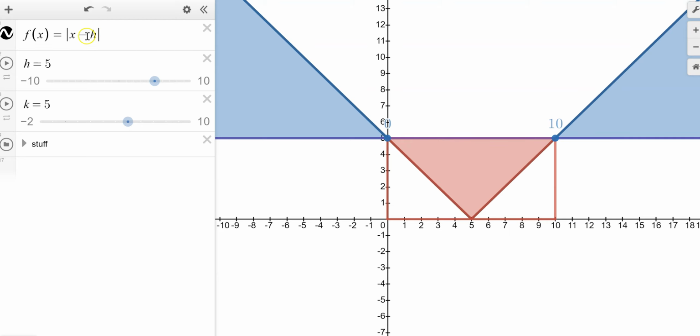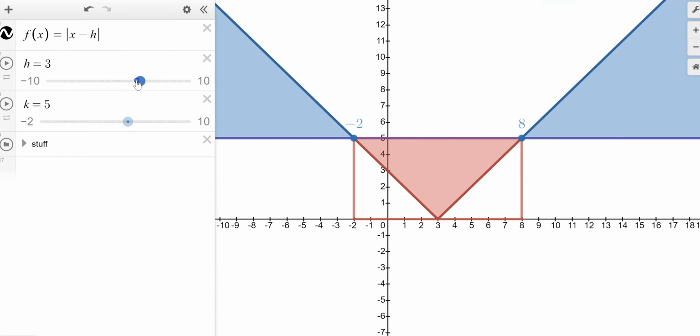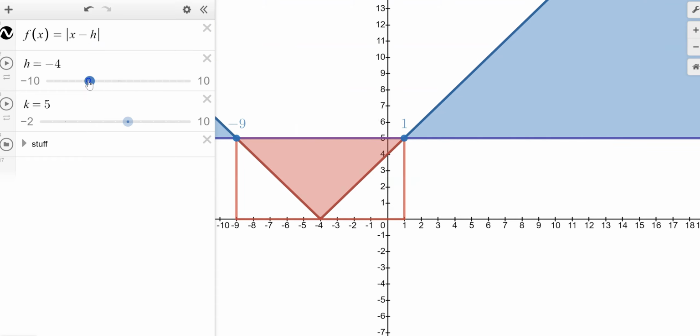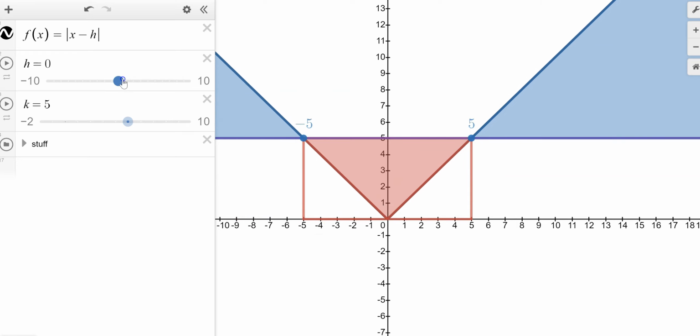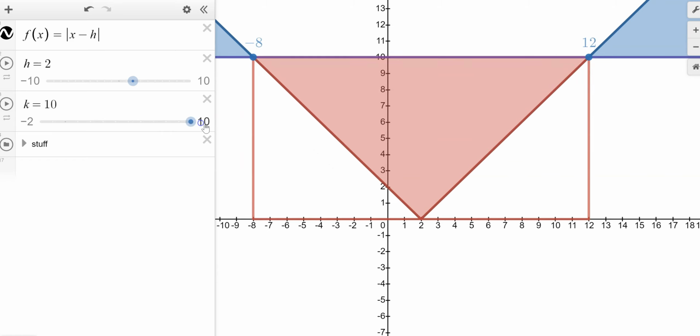So whatever number's in here being subtracted, we already know that's how it's going to shift left and right. So if it was a +4, we would be at -4. And if it was a +2, like we just did with a 10, we can see there's our two numbers, 12 and -8. So we had an x minus 2, which is a 2 to the right.